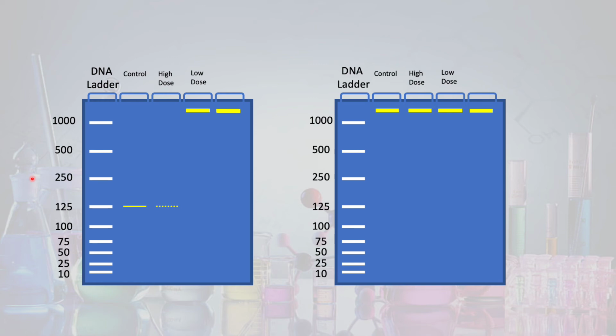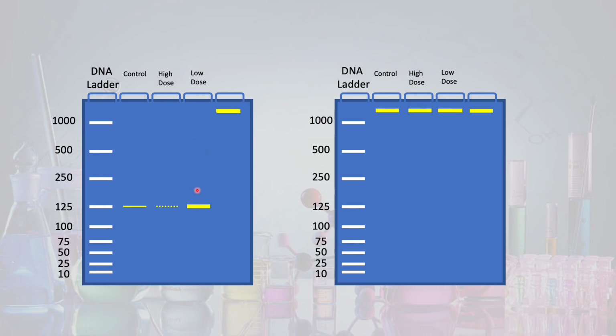Our high dose toxin treated group produces a band that looks slightly lighter than our control group, right? So this can mean a couple of things. Our first assumption is going to be that a lighter band means there was less mRNA being transcribed, potentially in response to our high dose of toxin, or it could be something else that I'll comment on later.